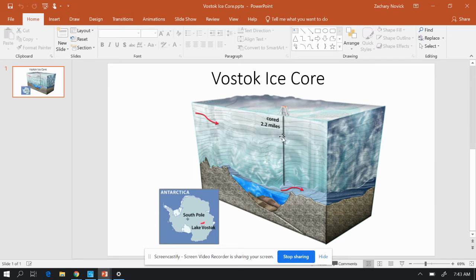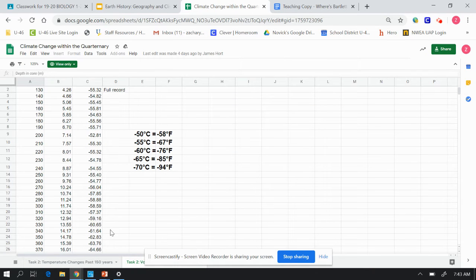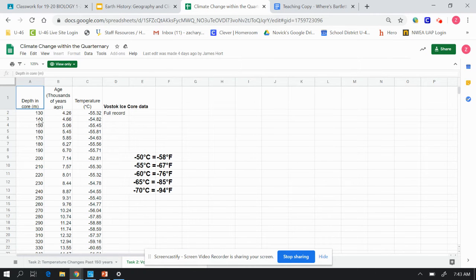And from that exploration, they were able to deduce the atmospheric or the global temperature at different points in time. All right, so here is that data. Again, broken down not necessarily by past 150 years, but by depth in the core, and then thousands of years ago. And then, of course, here's the temperature in degrees Celsius.